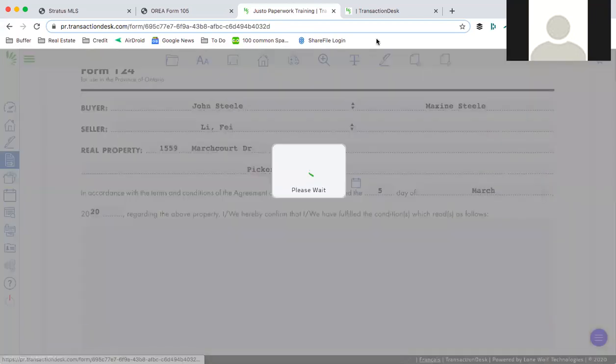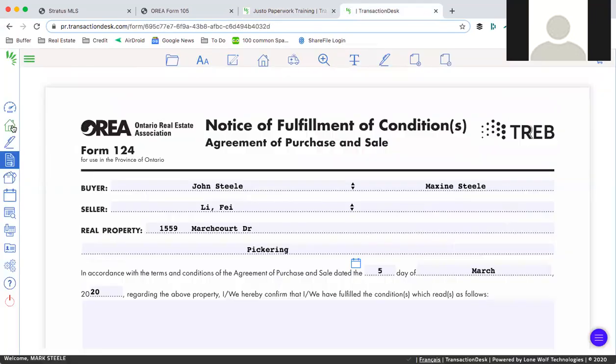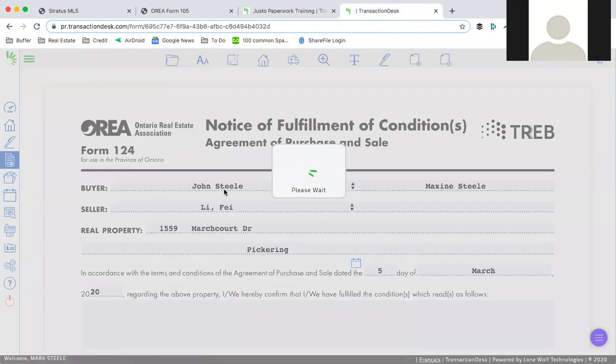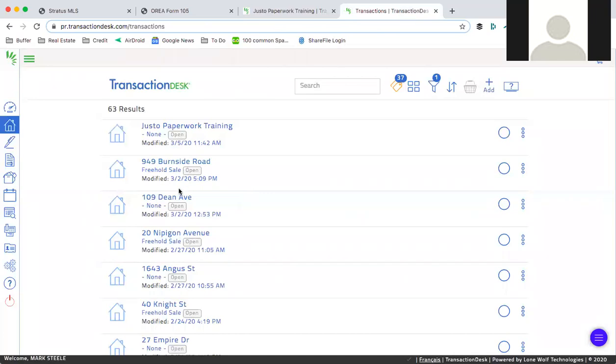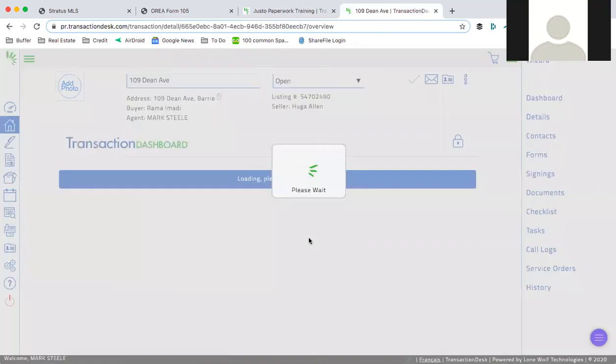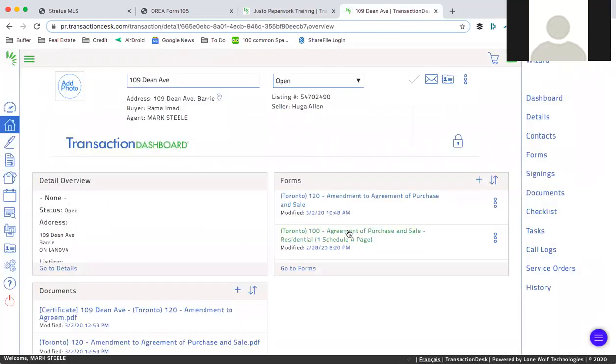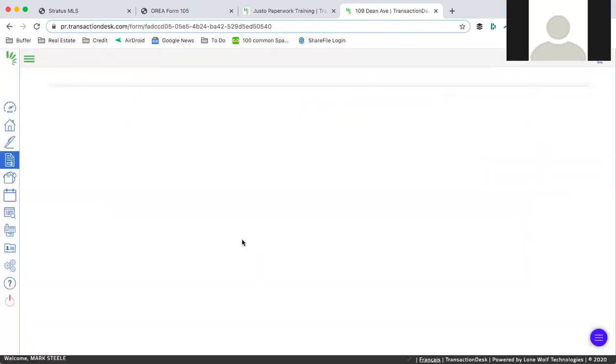Go back to the APS for 1 minute. I'm going to copy and paste the wording that I used for conditions for a recent transaction that I did. These 109 Dean Avenue. Okay. APS.